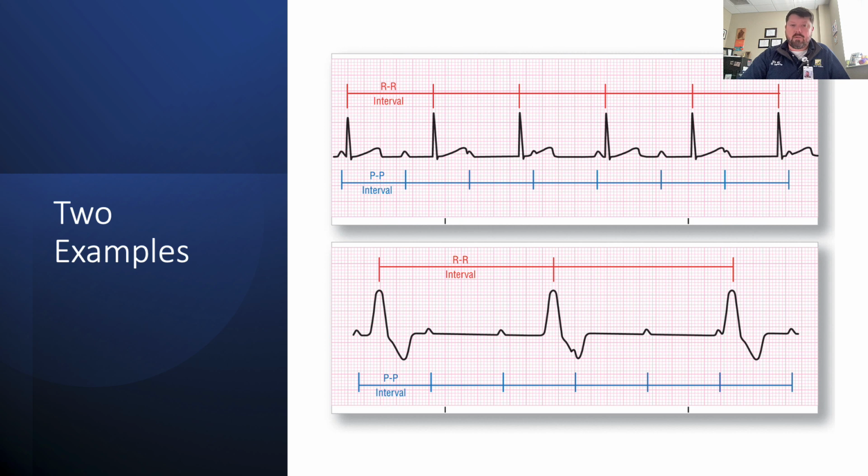These are two examples. In this first example, you've got a pacemaker that picked up in the AV junction, so it's got a narrow QRS. In the second one, you've got a QRS that's wide, which indicates the pacemaker picked up in a ventricular focus, a lower focus.